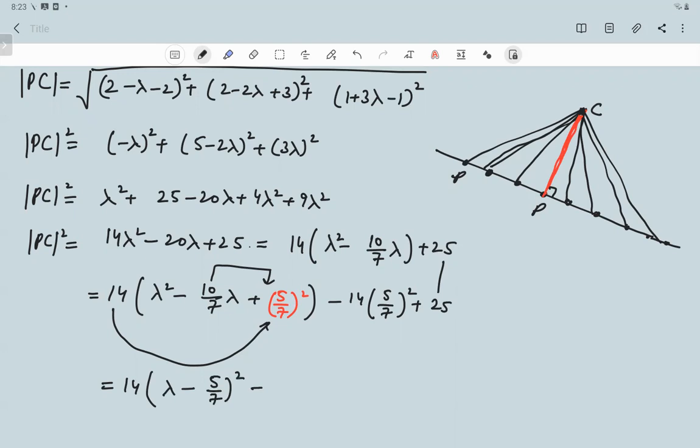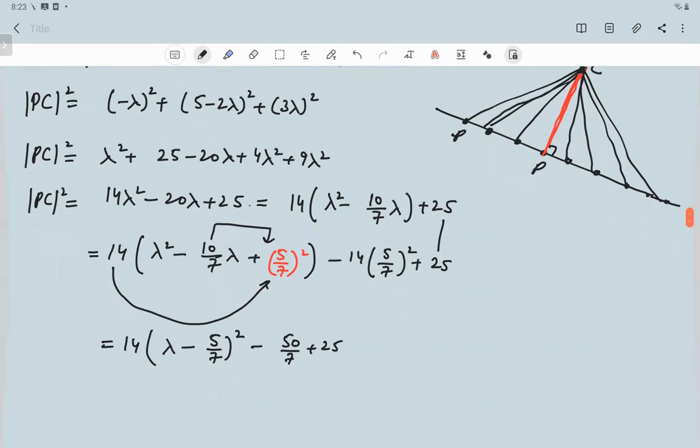it becomes equal to what? If you have a calculator with you, you can see 25 multiplied by 14 gives you 350. And when 350 is divided by 7, it's 50 by 7 plus 25.